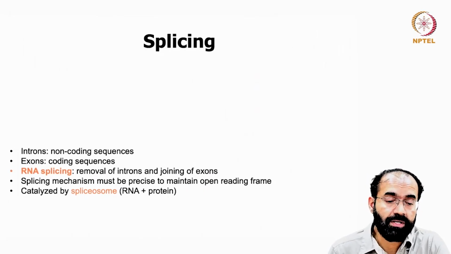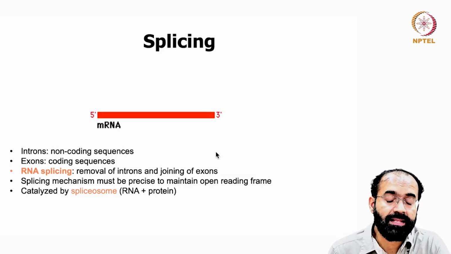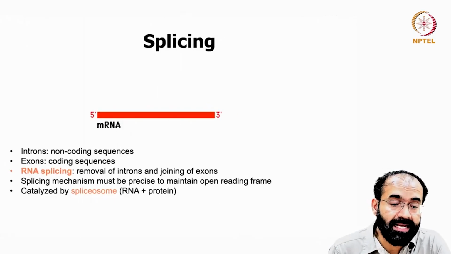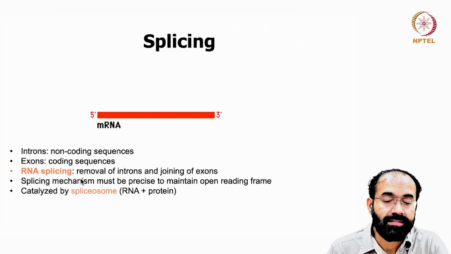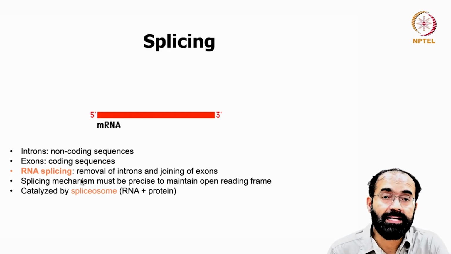Introns are usually the non-coding sequence, and the mRNAs, when they are produced, have to undergo some maturation event, and the exons are the coding sequence. They must be present, they must be retained, and the RNA splicing is very precise.